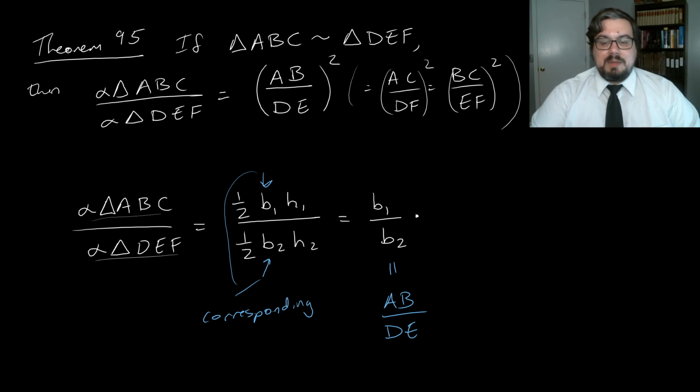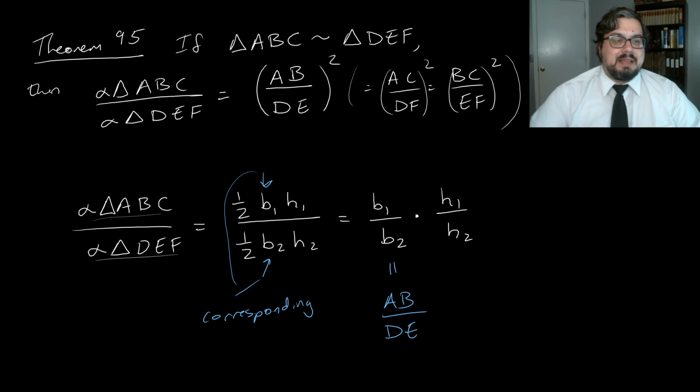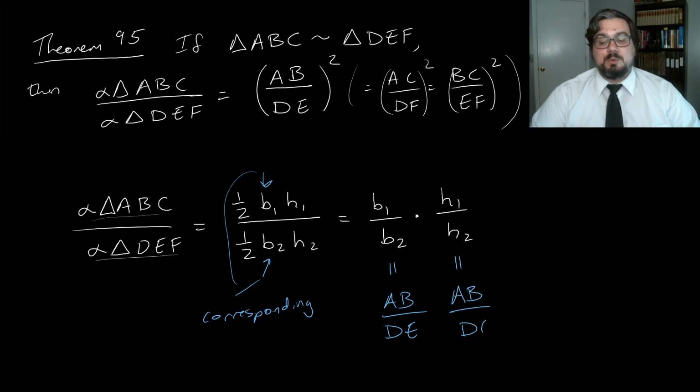But from there, we have a ratio of corresponding altitudes, and a theorem that we've had says that the ratio of corresponding altitudes in a triangle is equal to the ratio of the corresponding sides. And therefore, we have that this is just AB over DE squared.